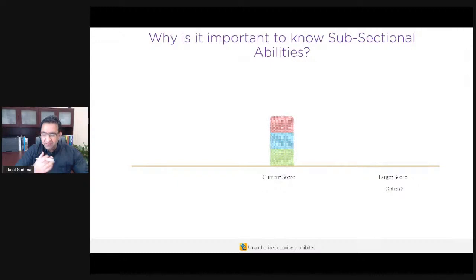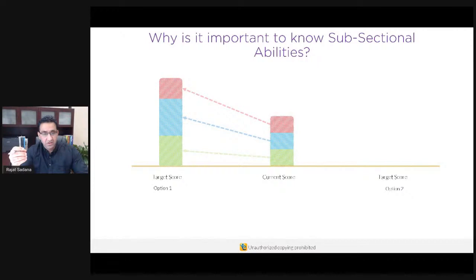The reason it's really important to know the independence and the subsectional abilities is that when you're aiming for a certain GMAT score, a certain verbal, a certain quant score, there are many ways to get there. If you understand that these subsectional abilities are independent of one another, you can get the most optimal way to get to your target verbal, target quant score, and consequently your target GMAT score.